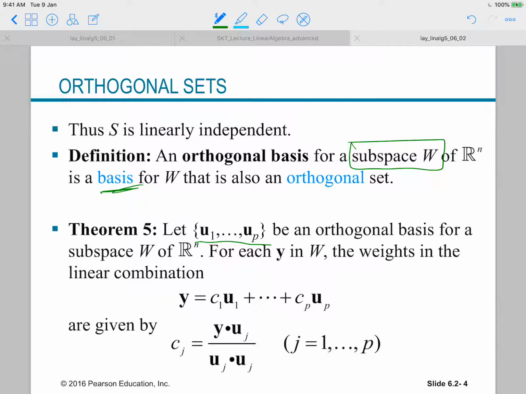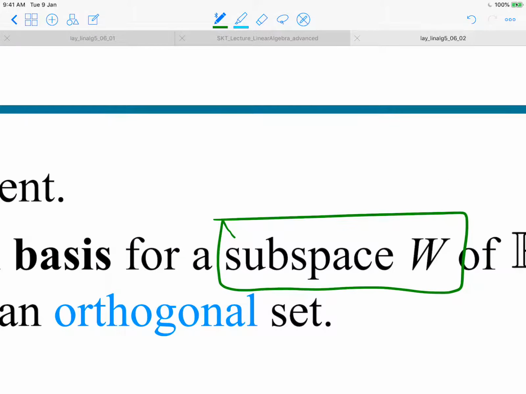Suppose these U1 through UP are an orthogonal basis for a subspace W. So again, these are linearly independent, of course, and our subspace is spanned by these orthogonal basis vectors. And then suppose we choose a particular point or vector from our W.